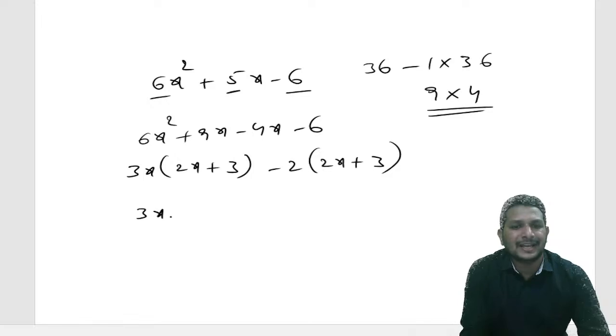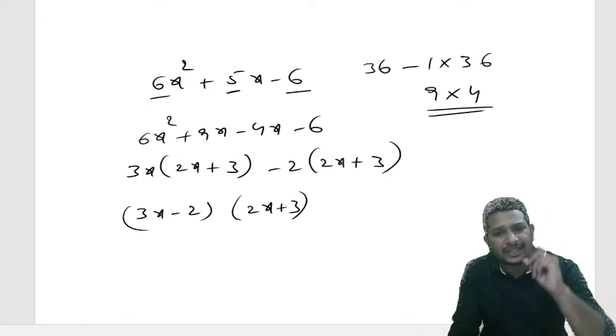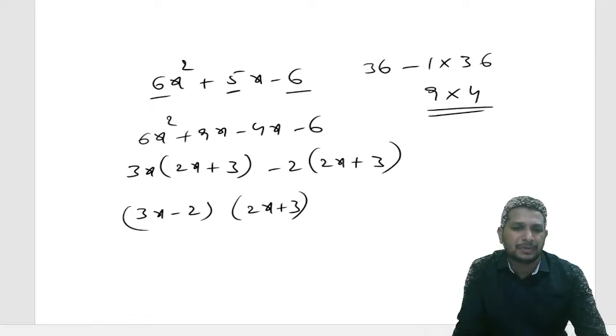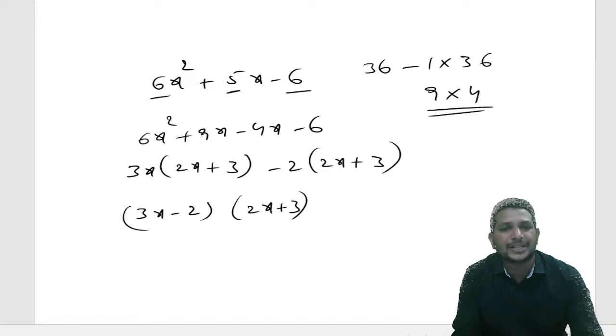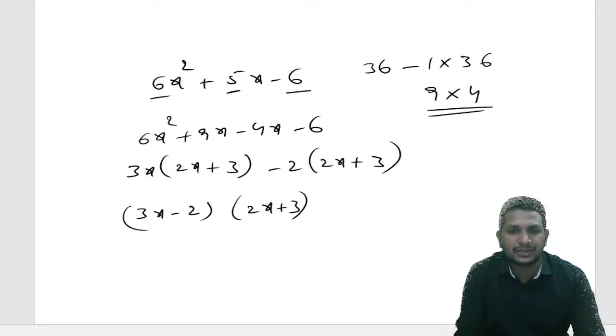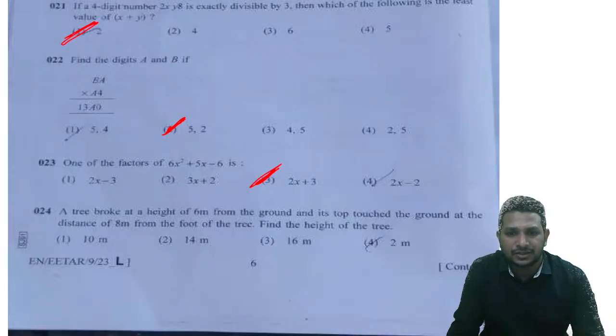So we got the answer as 3x minus 2 and 2x plus 3. They're asking only one of the factors. Check whether both are there or any one of them is there. So 2x plus 3 is there in the options, which is option 3. So the answer for this question is option 3.